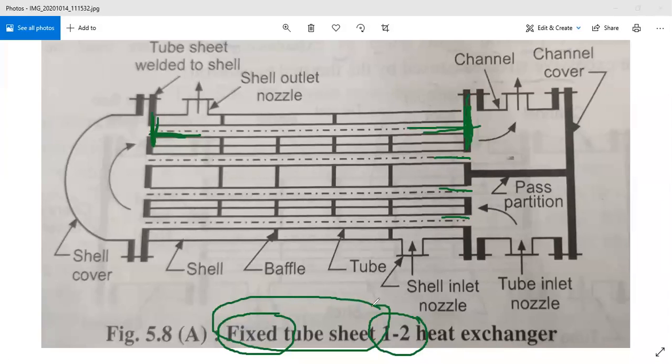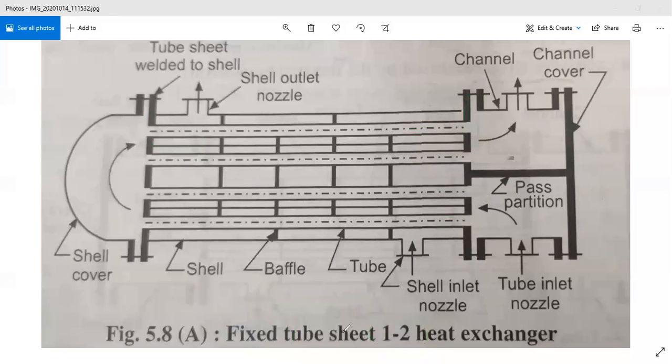Now we know what exactly this 1-2 is. I am repeating again. This metal partition, that is the pass partition, is incorporated in the channel for adding the number of passes in the tube side fluid. By adding this metal part, we are going to block this tube side fluid from passing in this direction.